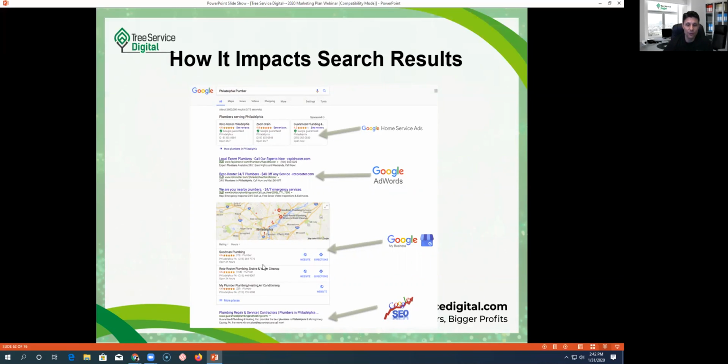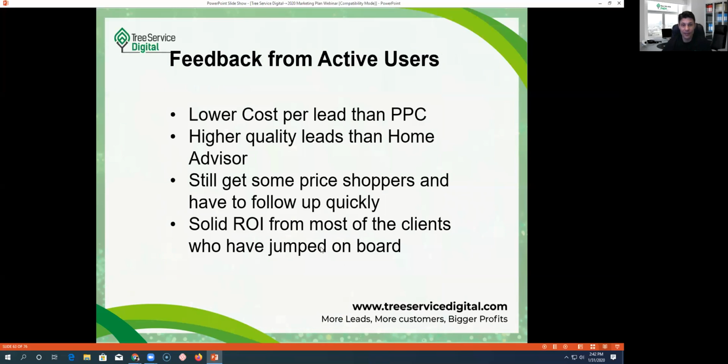Thanks so much for doing business with XYZ Tree Service. We were pleased to do your tree removal in Atlanta, Georgia. That's a keyword. We've seen those little snippets show up in the search results, and I think they impact when Google shows your map listing more or less. So that's important too. And then right below the maps, you also want to have your website show up in those organic rankings.